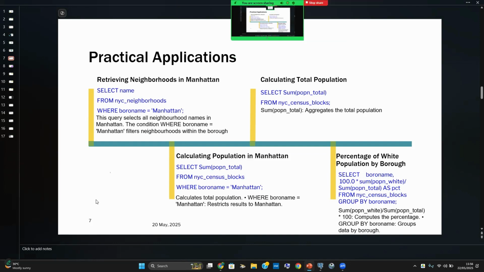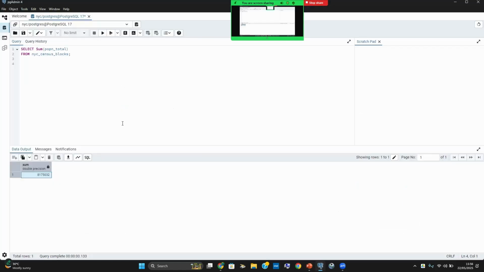It filters the total population where the borough name is Manhattan. So there are two functions being applied here, the sum and the where function here. All right. So this allows us to streamline these demographical studies or these citywide analyses whenever we're doing it.